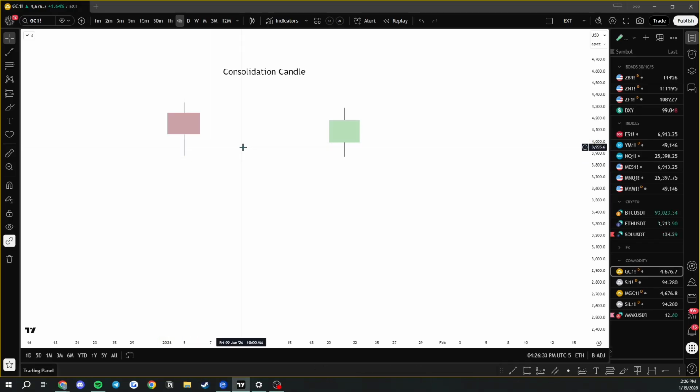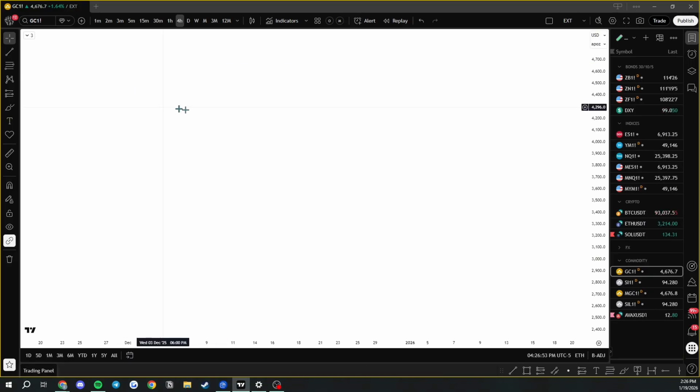Maybe something a little more ambiguous like this, you might be tempted to call a reversal candle, but you have to look around. So it is a little bit subjective, but for the most part, it still operates within our framework and we can still apply some logic to it. So those are the 3 candlestick types.